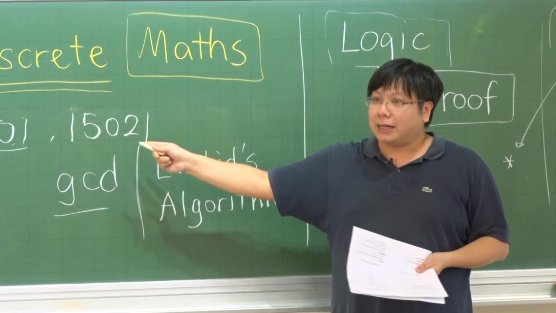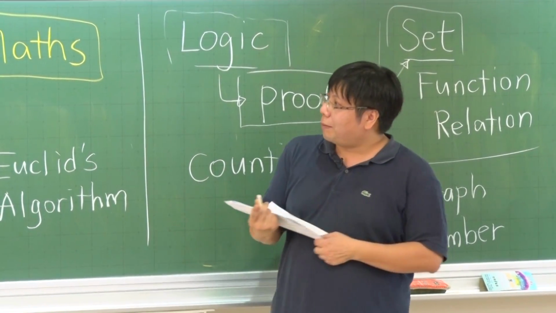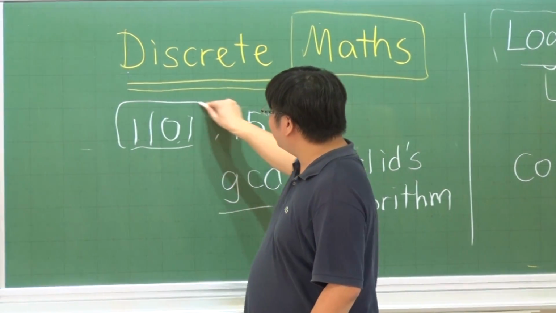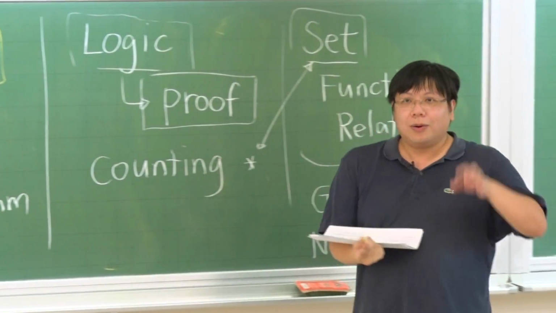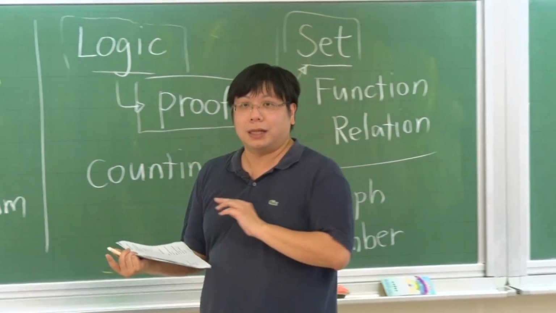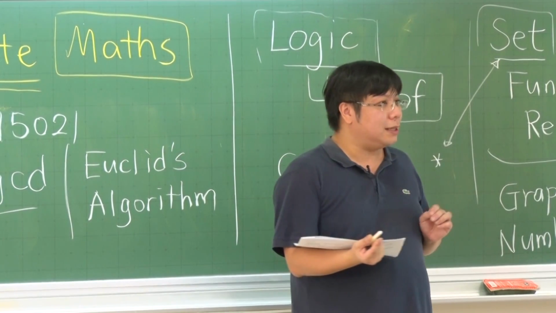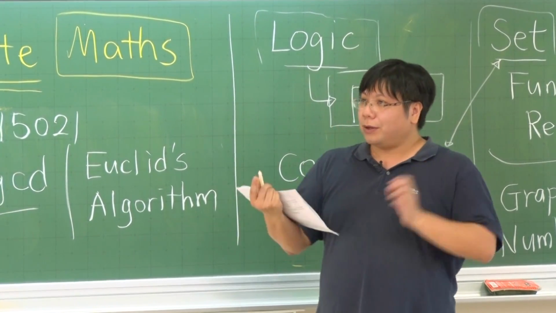But this is a way that you can do this much faster. So one method, let's call the smaller number n. If we try all the numbers less than 1101, then we will need order n division operations. But maybe you are cleverer.